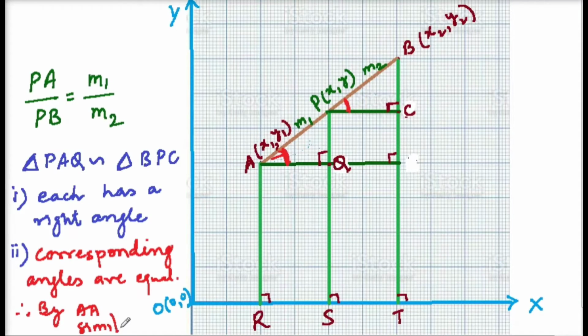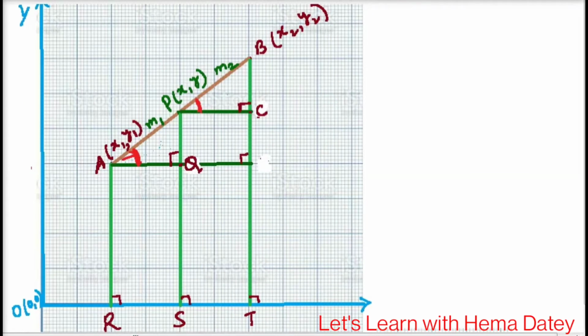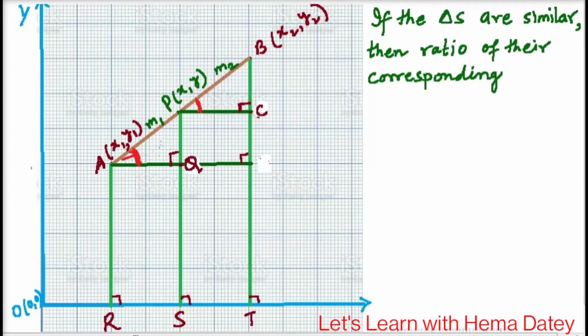Therefore, by AA similarity, we can say that the triangle PAQ is similar to triangle BPC. If in two triangles, two angles are equal, then we can say that triangles are similar. And if the triangles are similar, then ratio of their corresponding sides are equal.